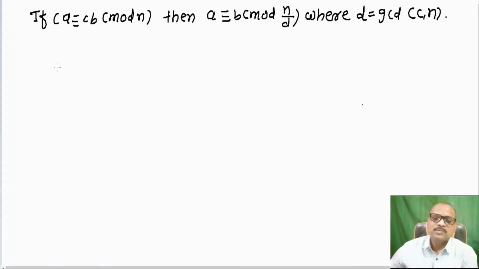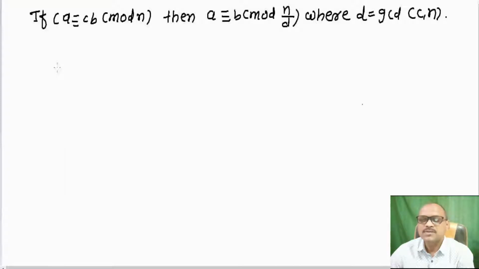An important result on congruences is: if ca is congruent to cb modulo n, then a is congruent to b modulo n divided by d, where d is the greatest common divisor of c and n. Friends, in the previous video on congruences we saw that we can multiply a congruence by any number, but this video shows how to cancel that number.